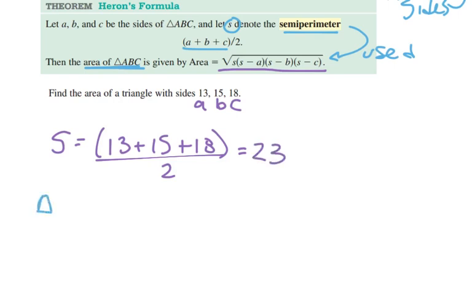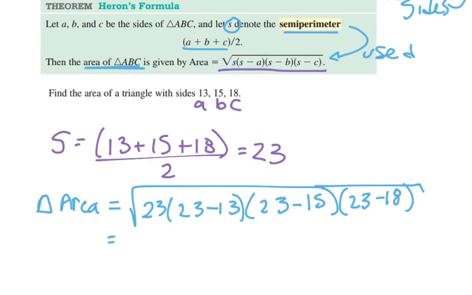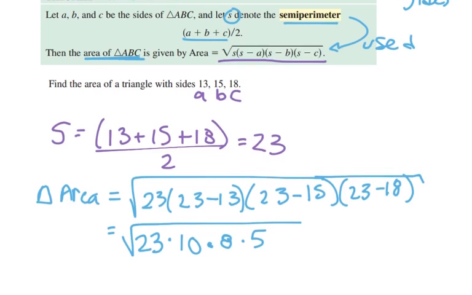So when we want the triangle area, we take the square root of 23 times 23 minus 13 times 23 minus B, which is 15, times 23 minus 18, which is C. Alright, and so technically we're going to have 23 times 10 times 8 times 5. And so we have 9,200.